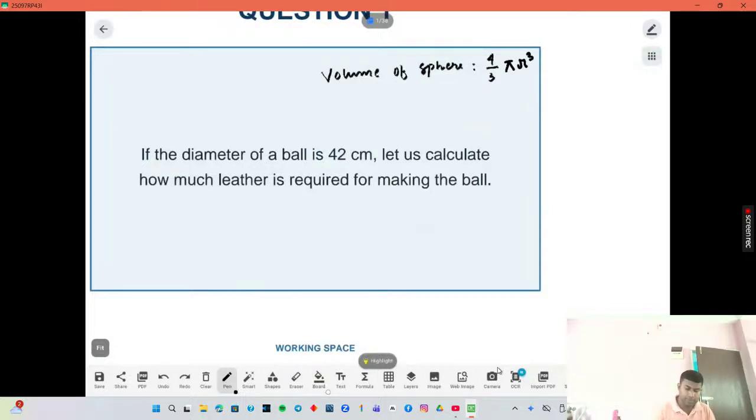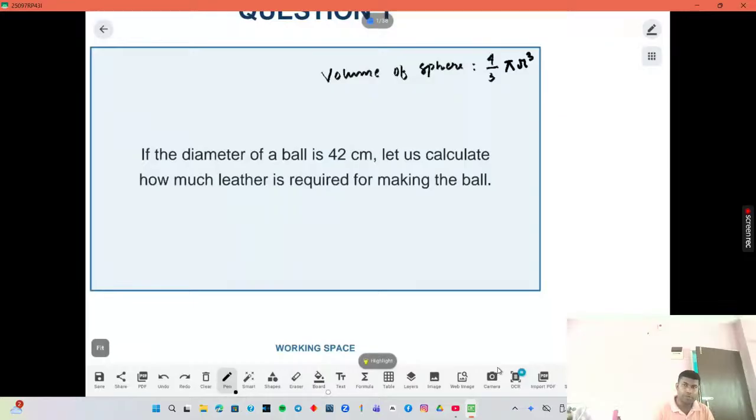I have written the formula of volume of a sphere, and it is 4 by 3 pi r cube. So the formula for the volume of a sphere is 4 by 3 pi r cube.